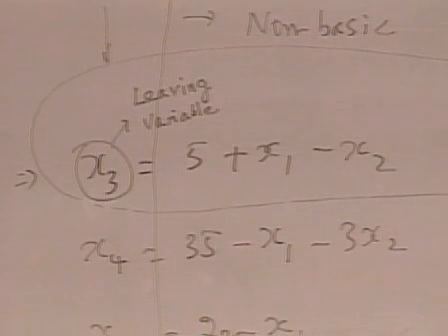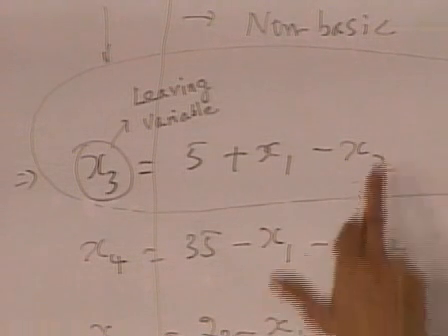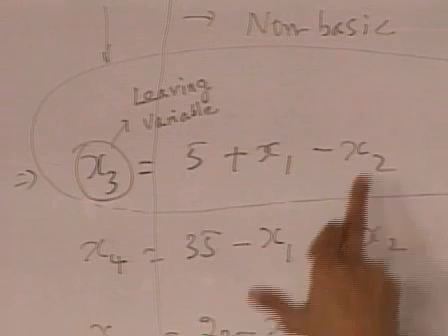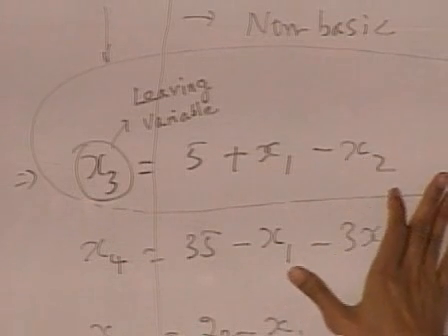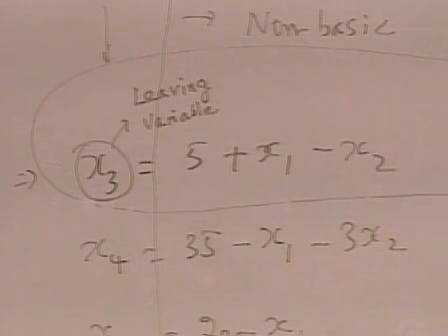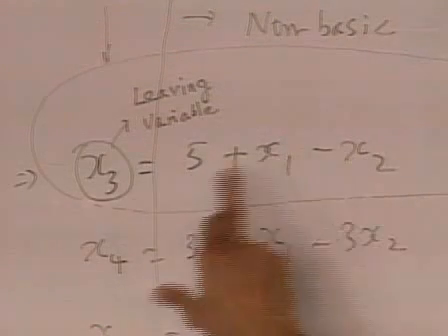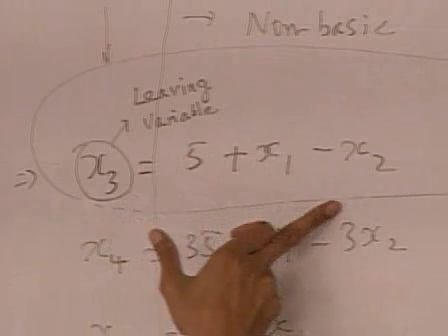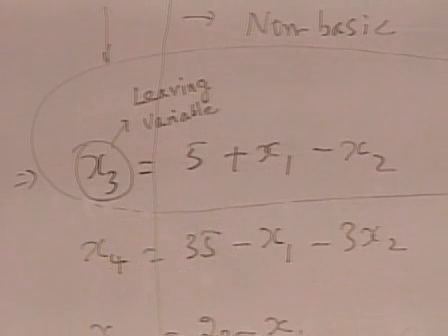You choose as a candidate for entering the basis. And once you make that decision, the system of equations will tell you which variable leaves. So here, this we wanted to make basic, and x3 leaves the basis. And this is one iteration of the simplex method, and we are doing what is called a change of basis.